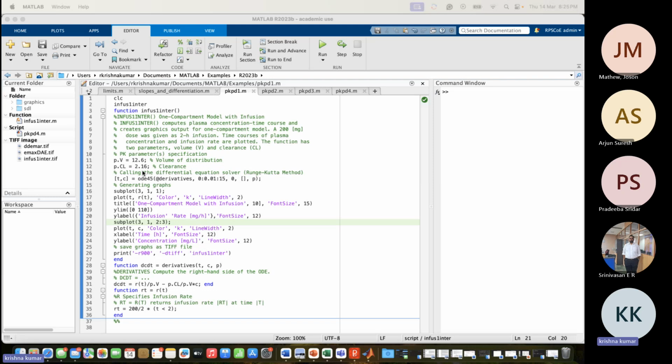But in all your drugs and how the body reacts, there is always a delay. There is no delay here. There is a delay because it's actually kinetics. It is going from one compartment to the other. I've just assumed that it is going straight through. But there is always a delay.